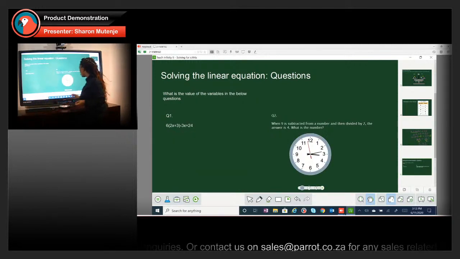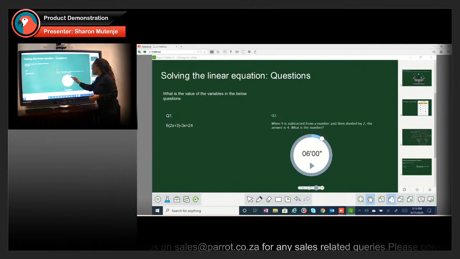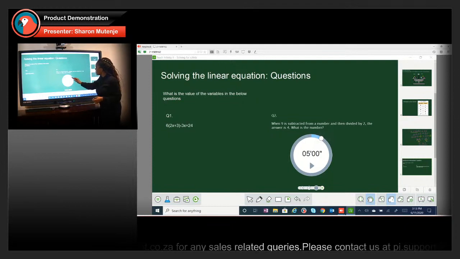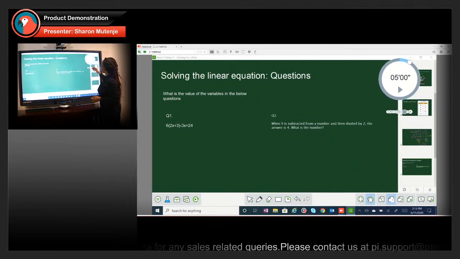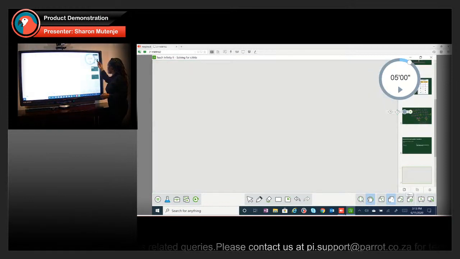Let's take our clock and put it on countdown. Right, so I'm just going to put the clock here, and let's just have a new page such that we can work afresh on that.